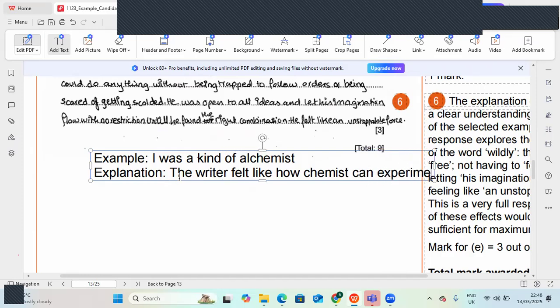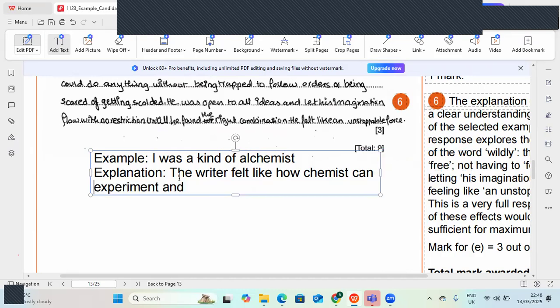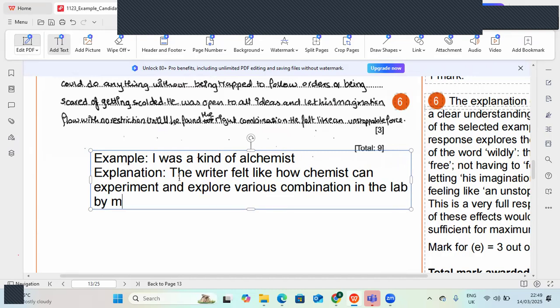Can experiment and explore various combinations in the lab by mixing and matching various components.